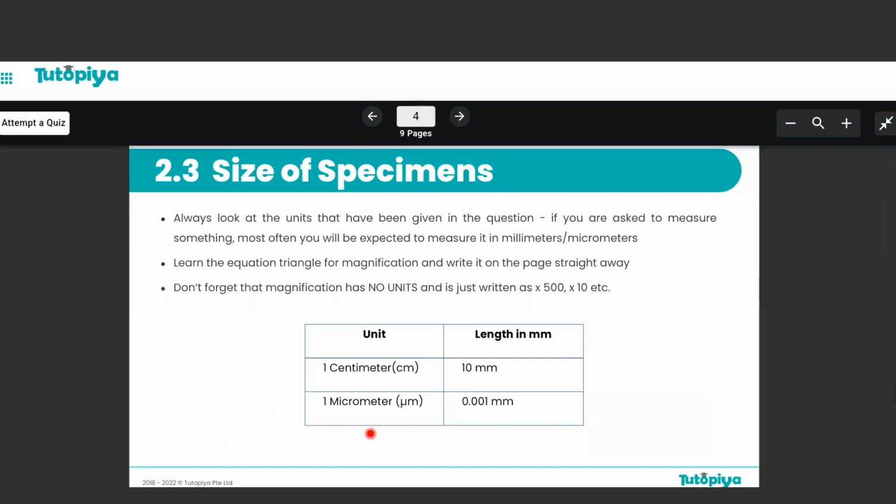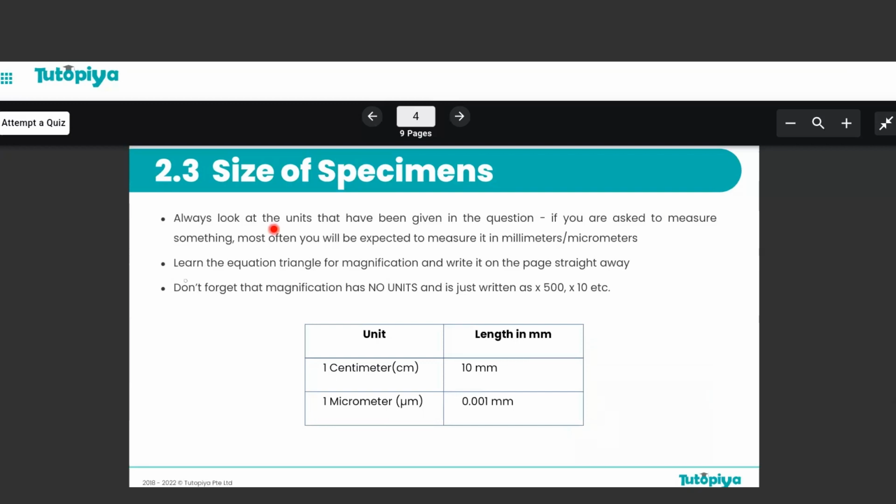Here are a few points for you. Always look at the units that have been given in the question. Sometimes you're going to see questions where they give you the image size and the actual size in different units. If you do not consider the units, you're probably going to end up with the wrong answer. So when you're given a question, look at the units and check whether they are both in the same unit.